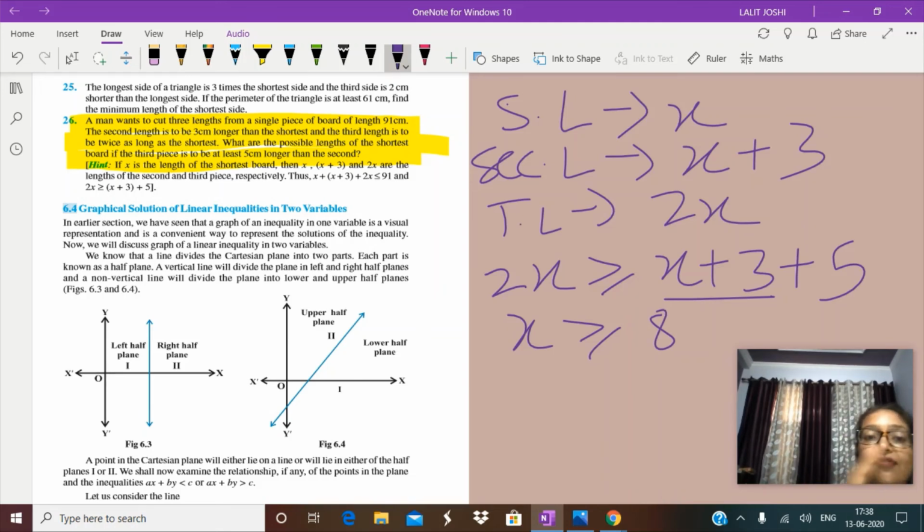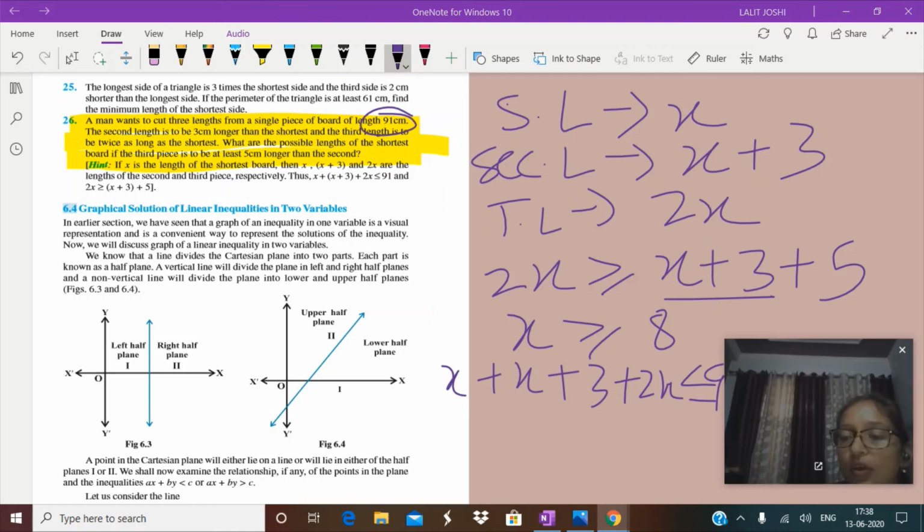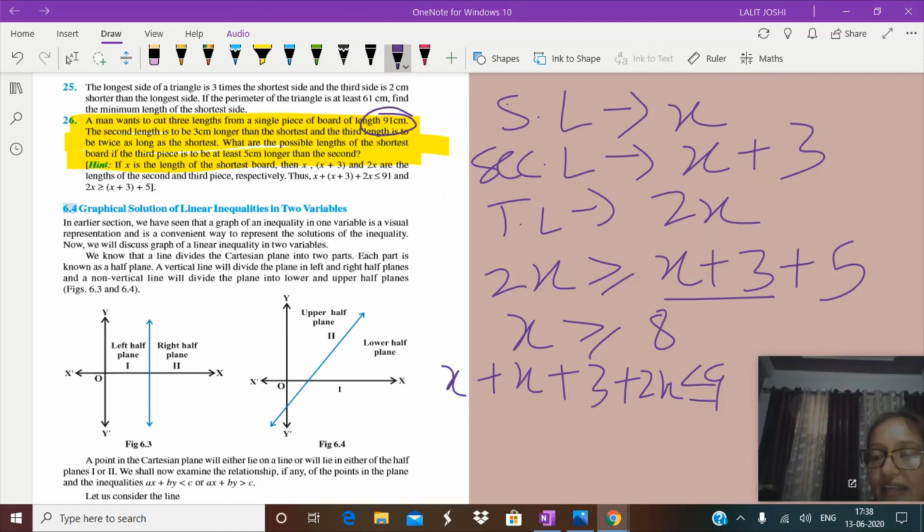One more thing that we have to keep in mind over here, this 91. The total length of the board piece is 91. So all the three pieces will be either equal to 91 or less than 91 if I sum up all the three pieces. So what will I get? I'll get x plus 3 plus 2x. This will be less than or equal to 91 because we cannot go more than 91, right?